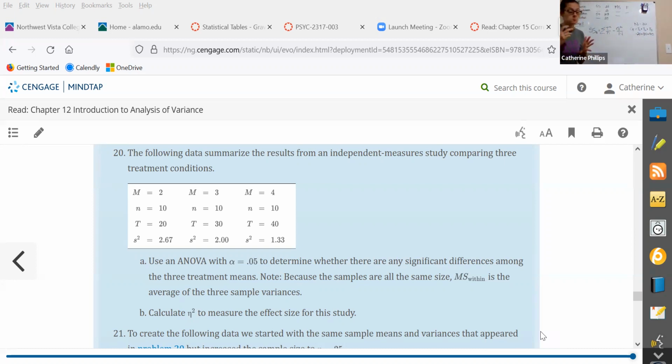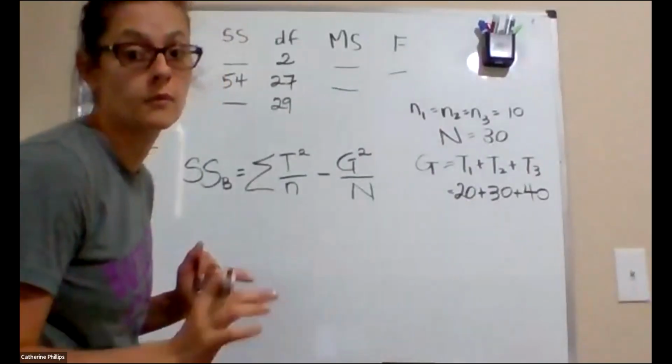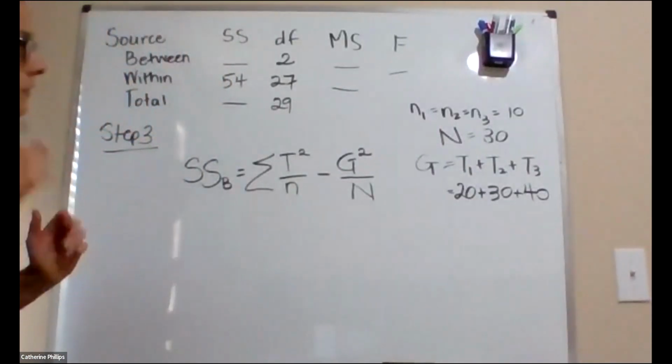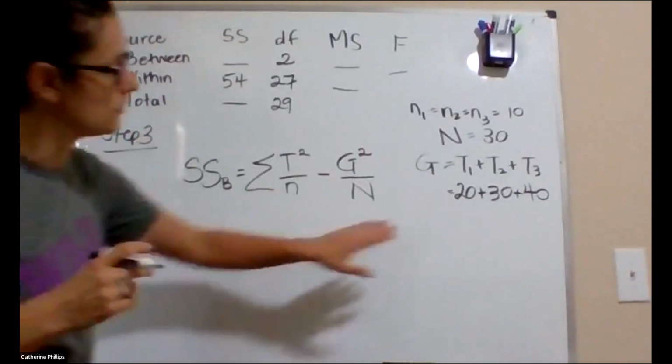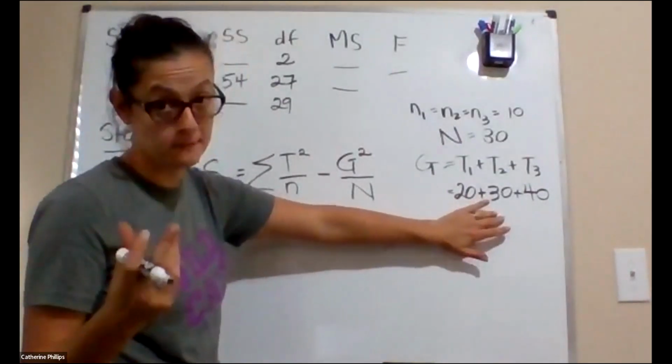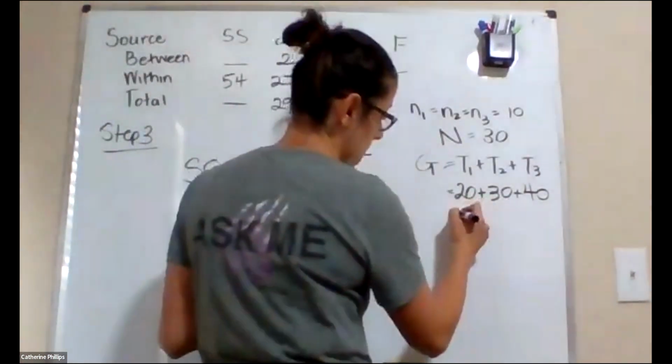I also need the little n's, and N1 equals N2 equals N3, and they're all 10 each. Big G, 20 plus 30 is 50, plus 40 is 90.